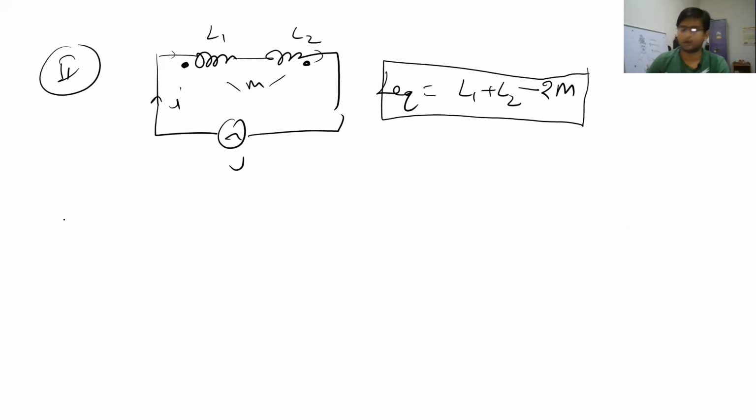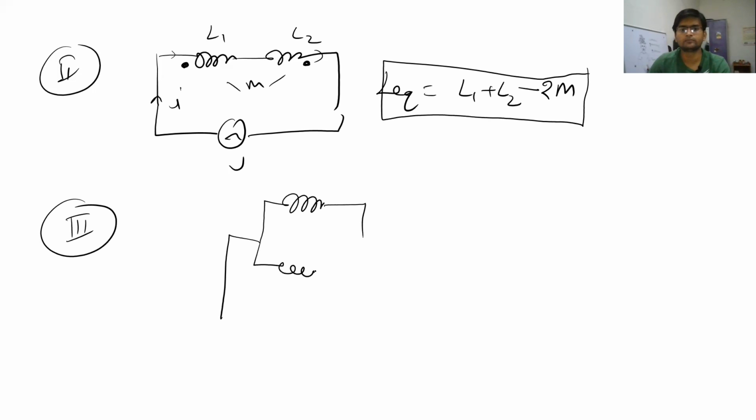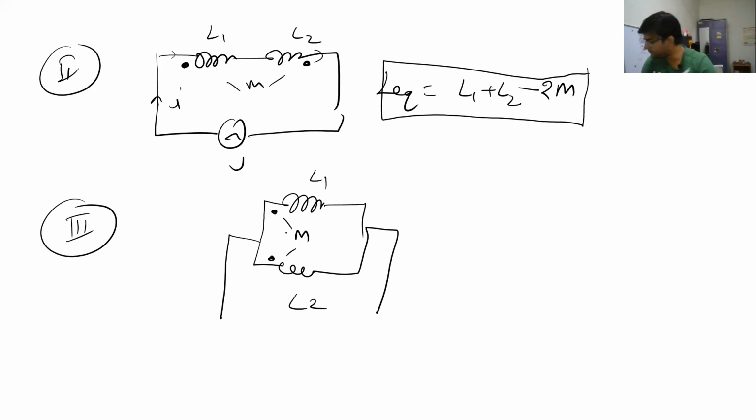Okay. Now quickly see the formulas of some parallel combinations of two inductors. So suppose there are two inductors in parallel like this, L1, L2, both having dots here, and let us say that there is a mutual inductance M between these two coils, and obviously there will be two currents I1 and I2 entering in these two coils.